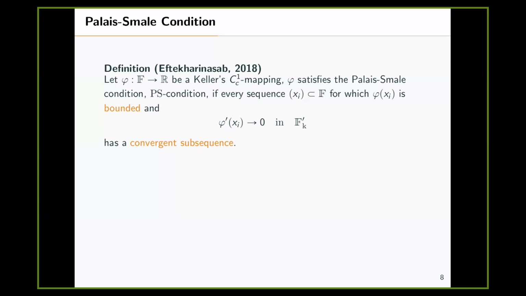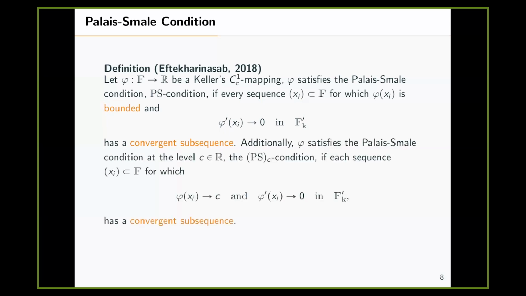We can also generalize it: we say that f satisfies the Palais-Smale condition at level c if we replace the condition that f(x_i) is bounded by f(x_i) approaches a constant c. In this case, we say that it satisfies the condition at level c.